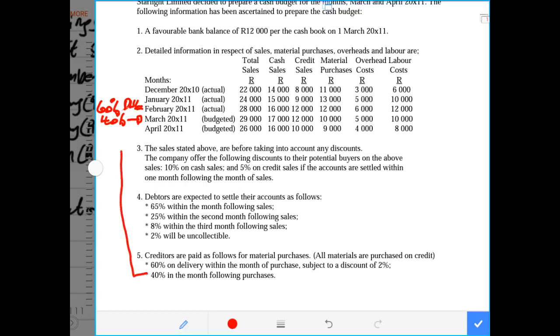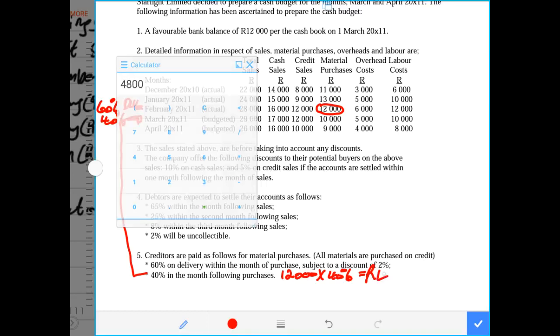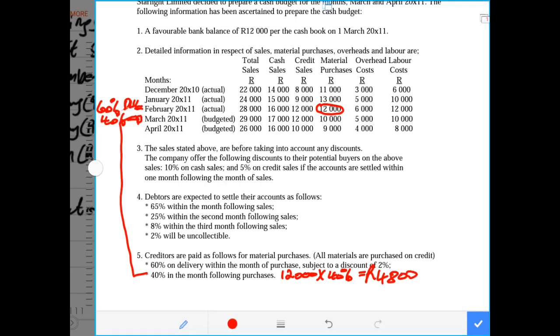That 40% in March coming from February, where our credit purchases for February are 12,000, is 12,000 times 40%. That will give us a payment of 4,800, and that 4,800 will be a payment for the month of March.